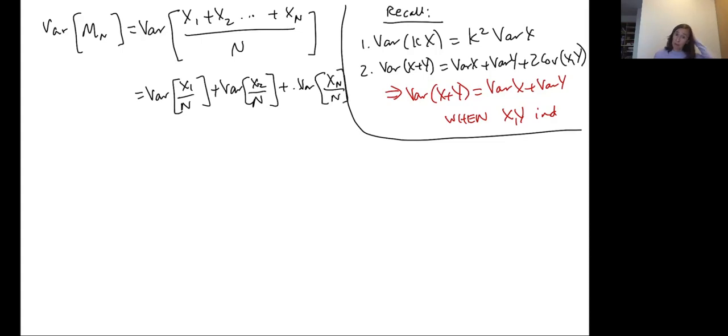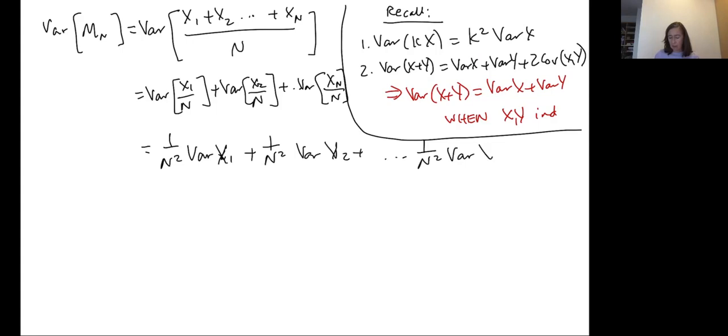Okay, so the variance of the sum is the sum of the variances because our x sub i's are assumed to be independent. Great. Now we're going to apply the constant rule. We're going to pull out the constant 1 over n. So in each of these cases, it's 1 over n squared times the variance of x1 plus 1 over n squared times the variance of x2, again, all the way to the end of the sample. We'll do that to every term.